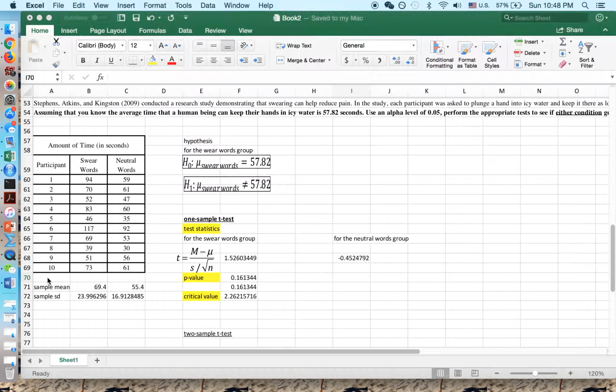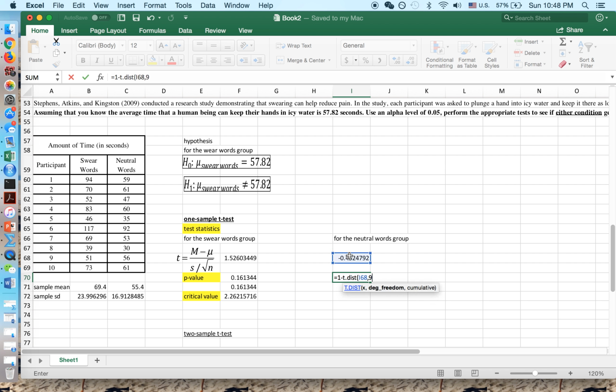And in order to do that, we will have to turn another trick. We will have to use 1 to subtract the t distribution that we have with degree of freedom of 9.